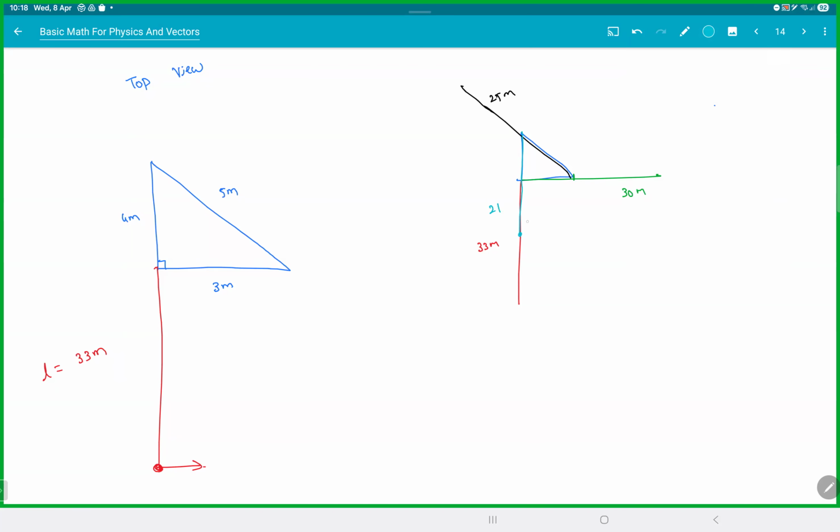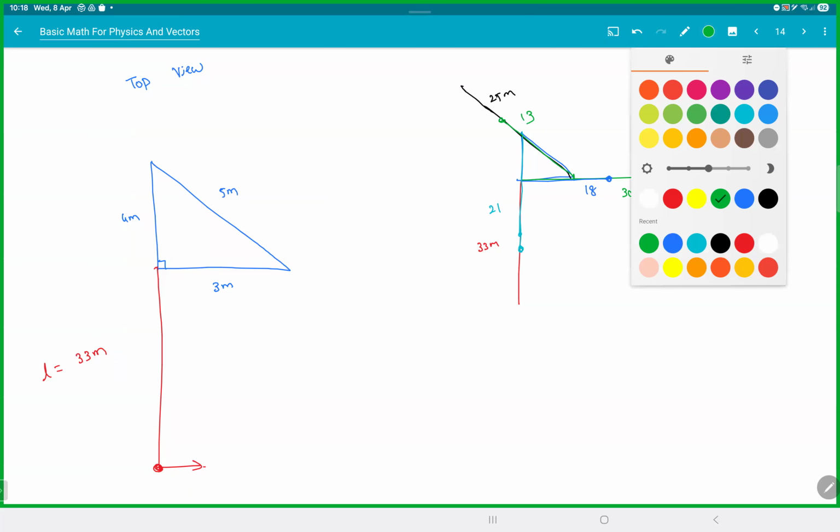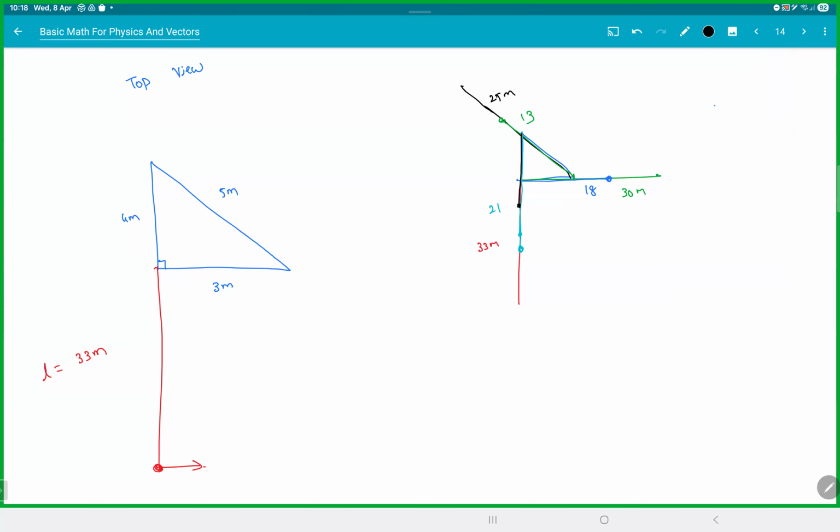That's 21. Then 21 minus 3, you just have to keep counting. So 21 minus 3 was 18. 18 minus 5 was 13. 13 minus 4 was 9.